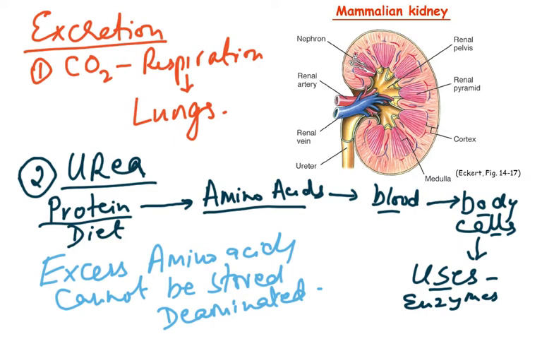So we say deamination occurs. Now where does the deamination occur? It occurs in the liver. So in the cells of the liver, the enzymes are present which are going to cause these amino acids to be deaminated. And we have to understand this process of deamination.